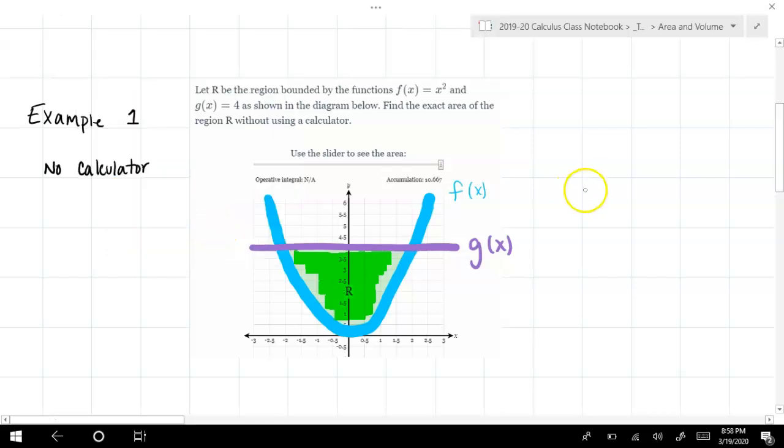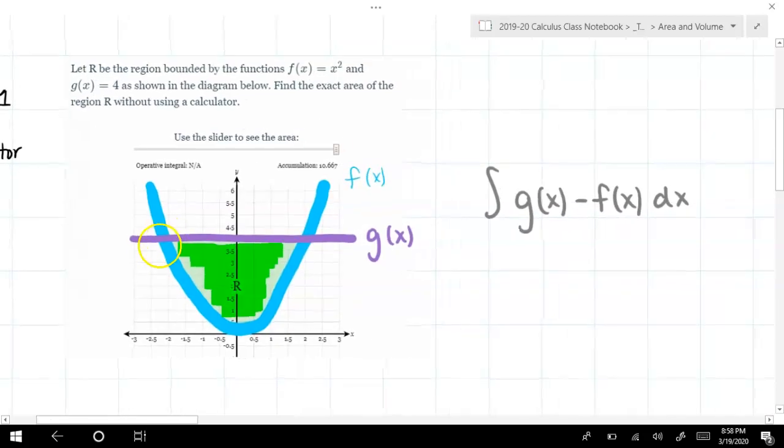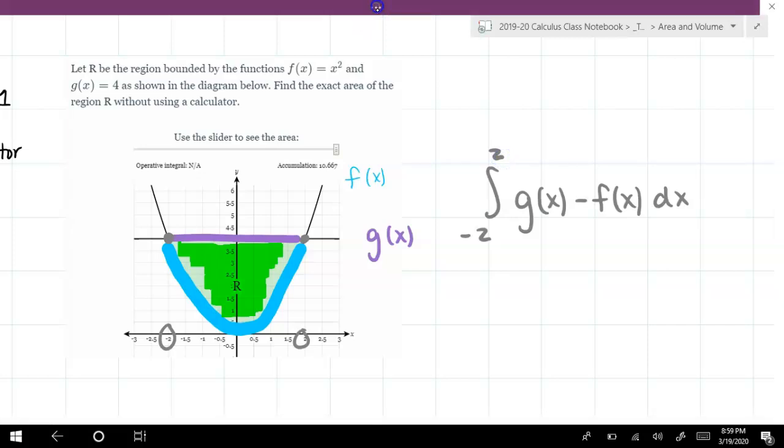So we're going to set up our integral. Our top function is g of x, and our bottom function is f of x. The points of intersection are x equals -2 and x equals +2.